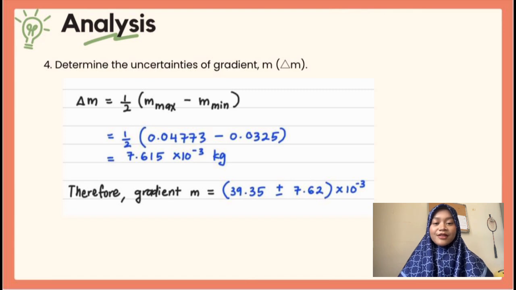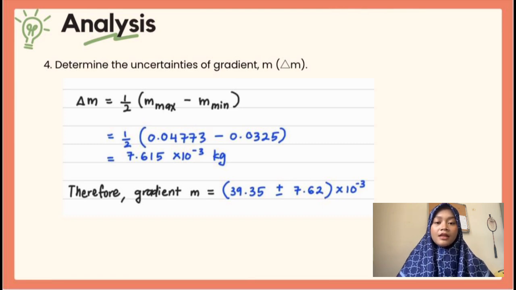Now we are going to determine the uncertainty of the gradient. To find the uncertainty of the gradient, we use the following formula: uncertainty of gradient is equal to 1/2 bracket maximum gradient minus minimum gradient bracket. So 1/2 bracket 0.04773 minus 0.0325 bracket.